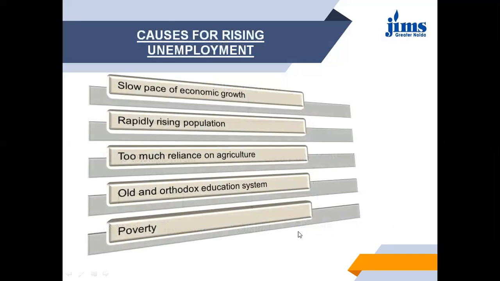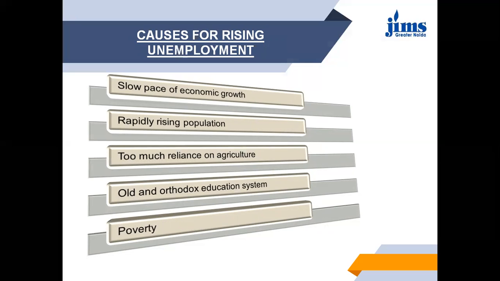Next are the causes for rising unemployment. First is slow pace of economic growth, then rapidly rising population, then too much reliance on agriculture, an old and orthodox education system, then poverty.